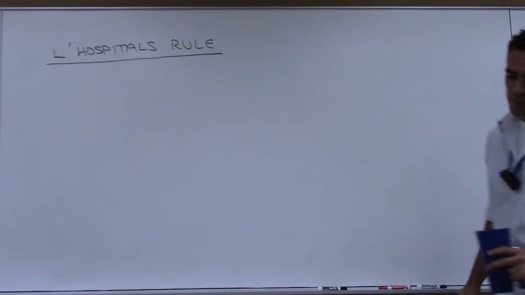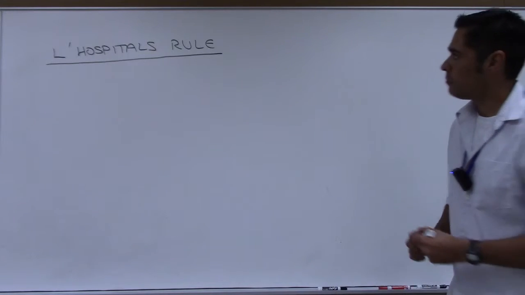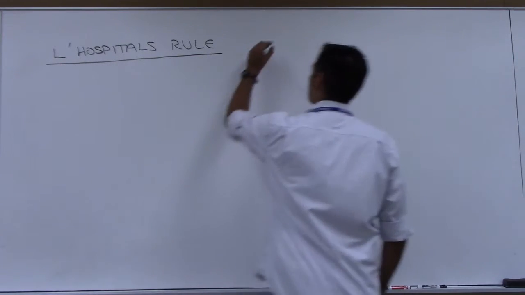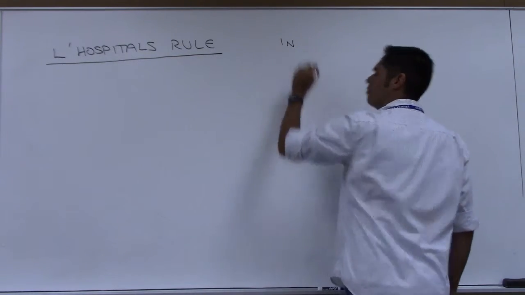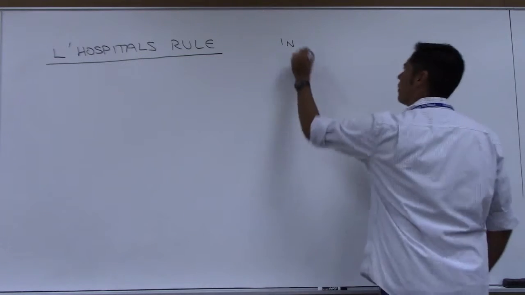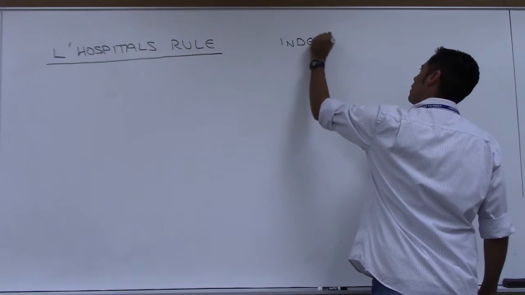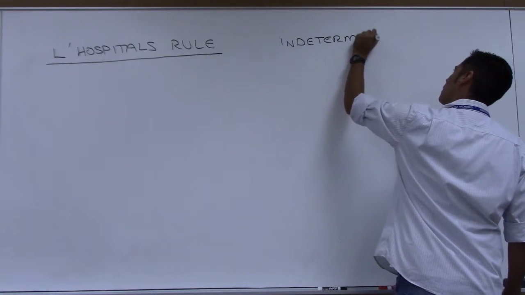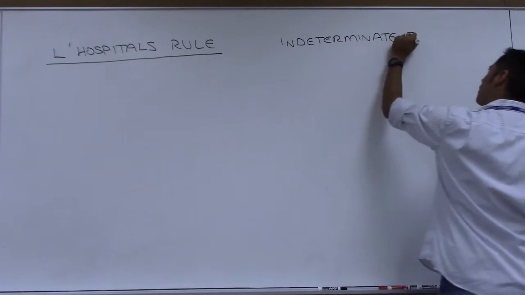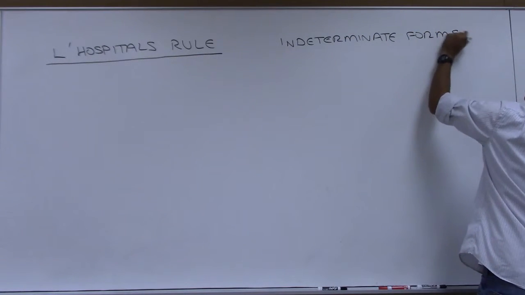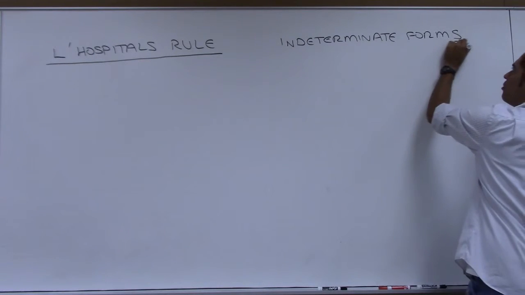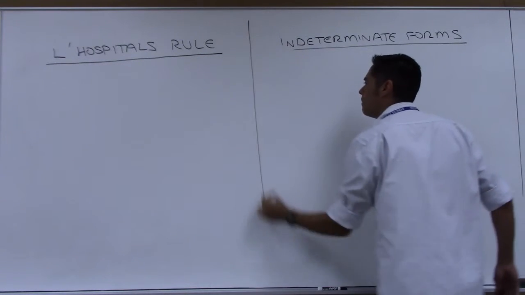We are doing 3.7. These are the two topics for this section, all right?